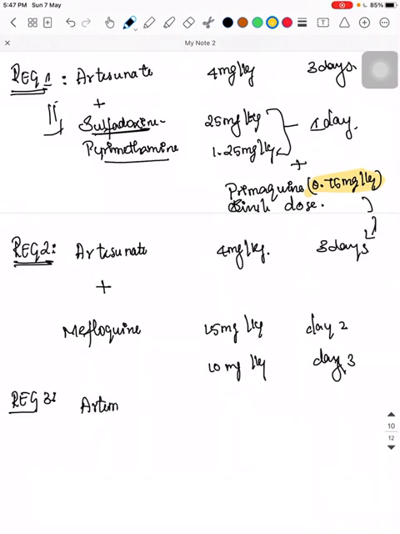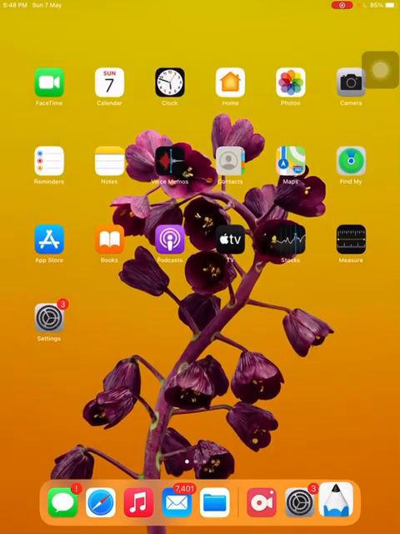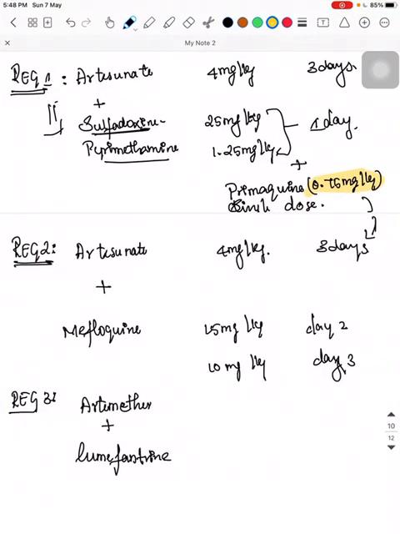Next, regimen number 3. Regimen number 1 is being used in all the states in India except the northeastern states. In northeastern states, we use artemether plus lumefantrine. That is regimen number 3.